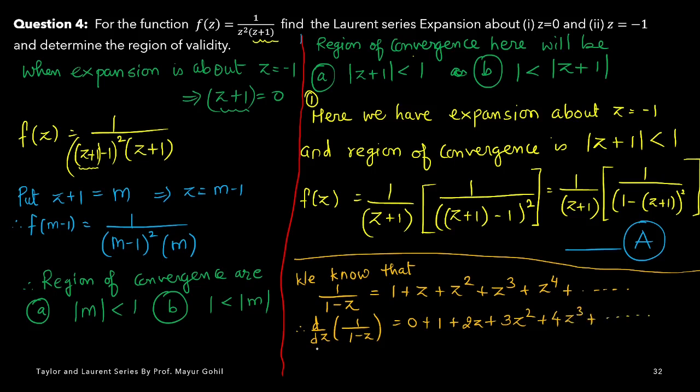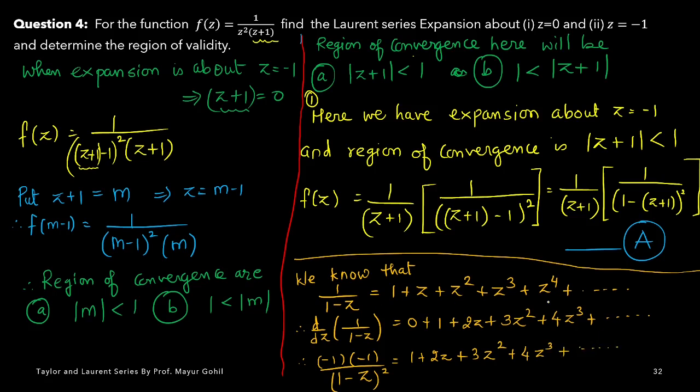On LHS, when you take the derivative, what do you get? You will get minus of 1 into minus of 1 upon 1 minus z the whole square, that is equal to 1 plus 2z plus 3z square plus 4z cube plus and so on.